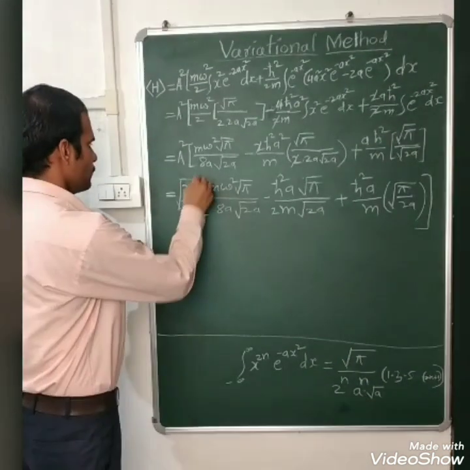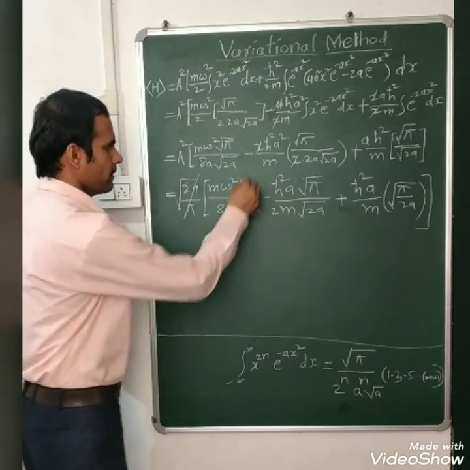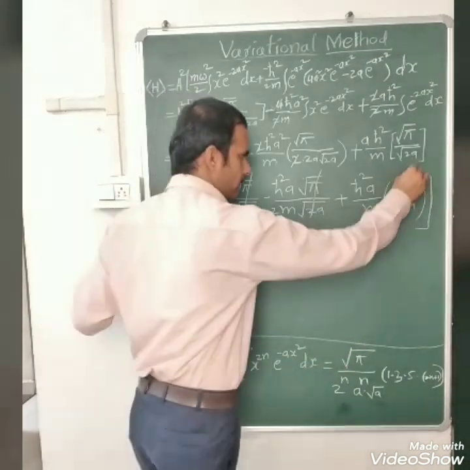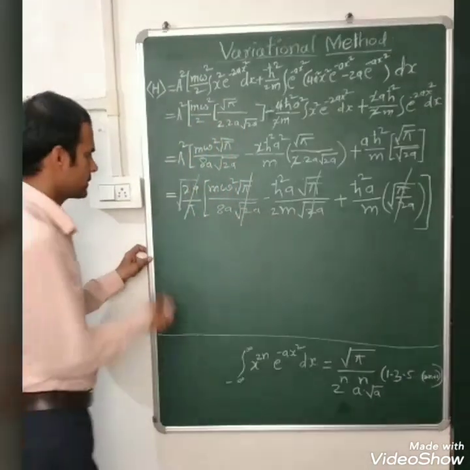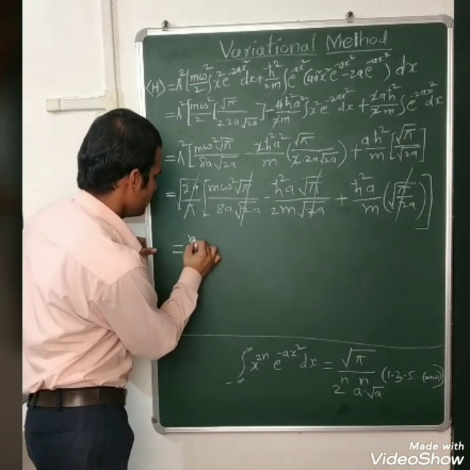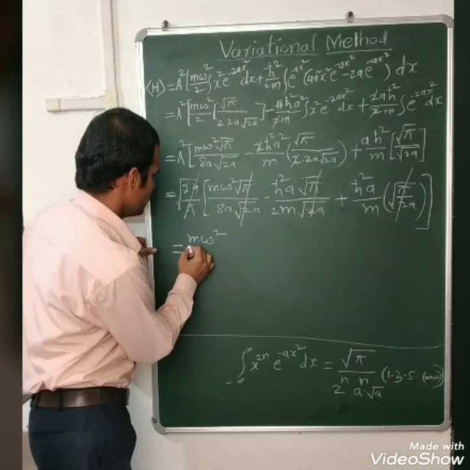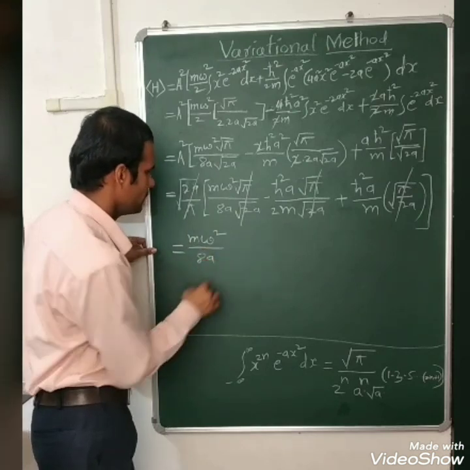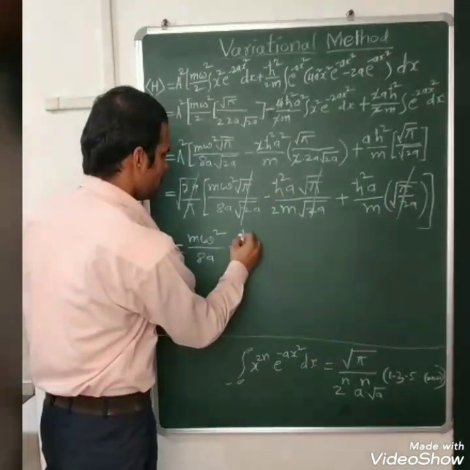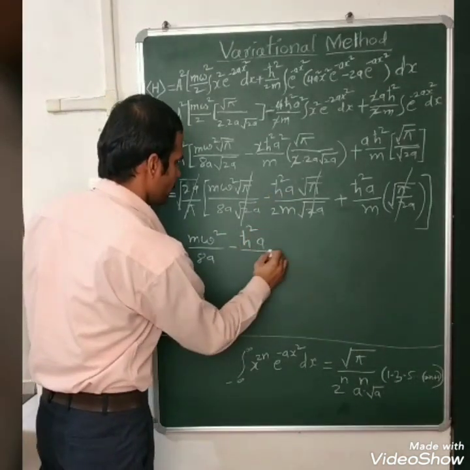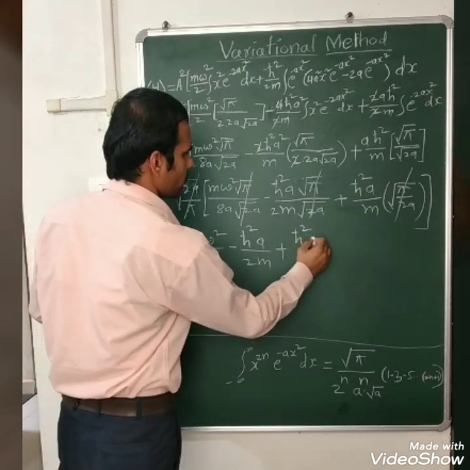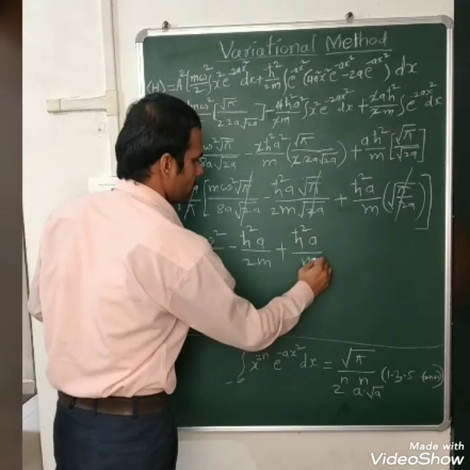Therefore this 2a by pi by 2a, root pi by 2a, and square root of pi by 2a will get cancelled, and the remaining terms are m omega square divided by 8a minus h cross square a by 2m plus h cross square a by m.